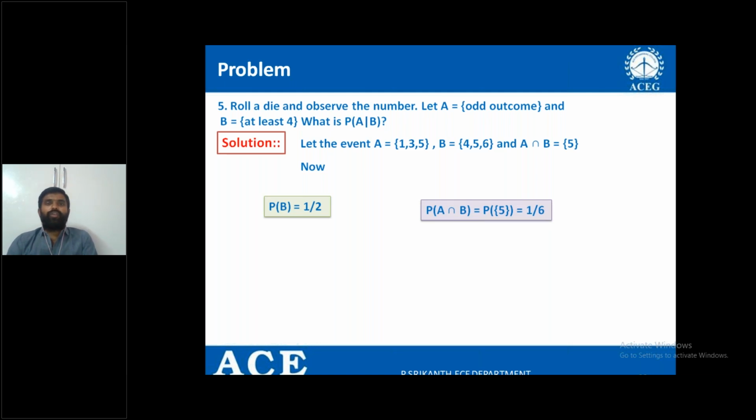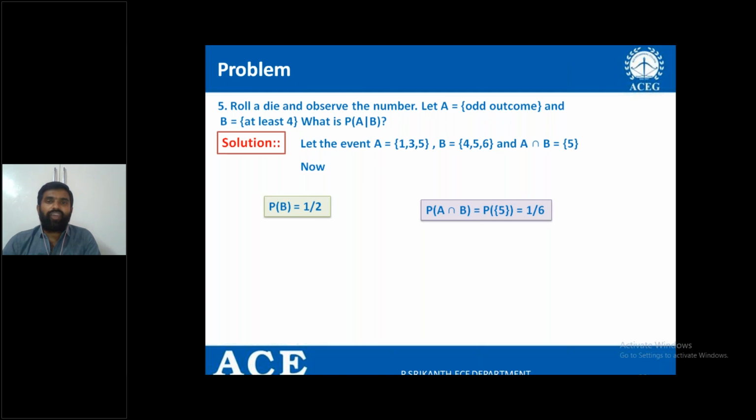Also we need to find P of A intersection B. What is P of A intersection B? It is the probability of the number 5 occurring on a die, which is 1 by 6. Why? Because each number has equal probability in the rolling a die experiment, each equal to 1 by 6.